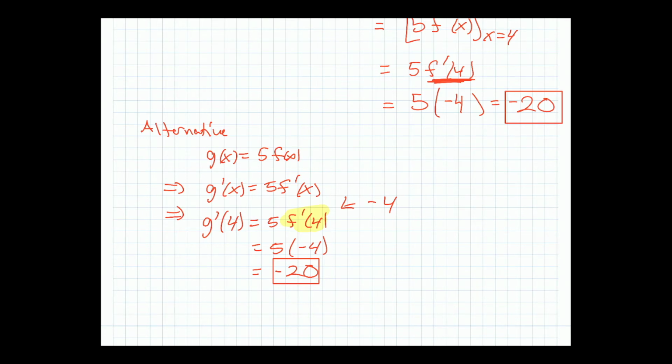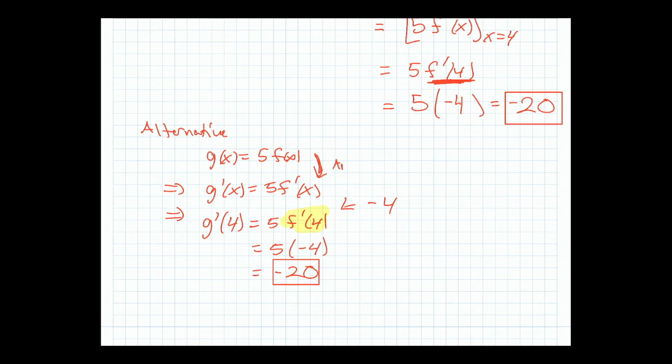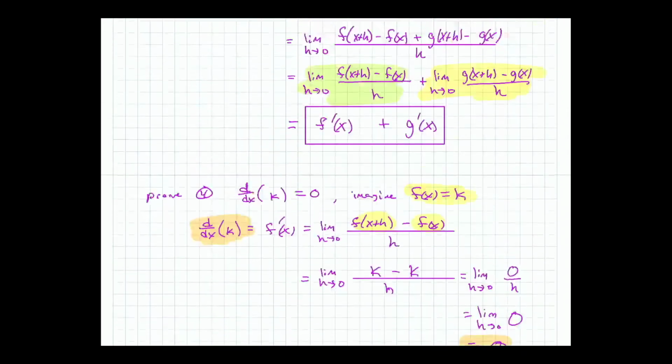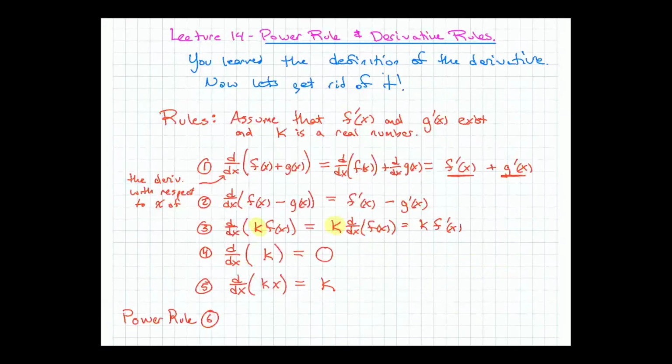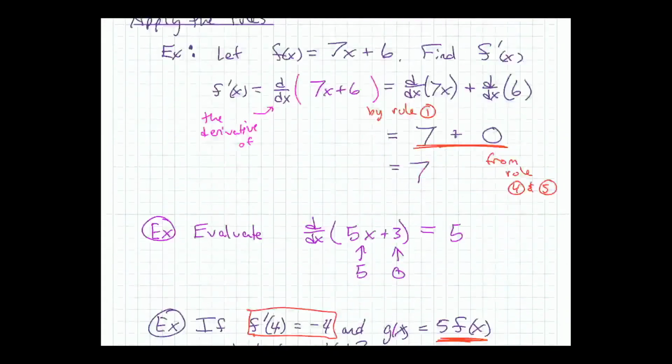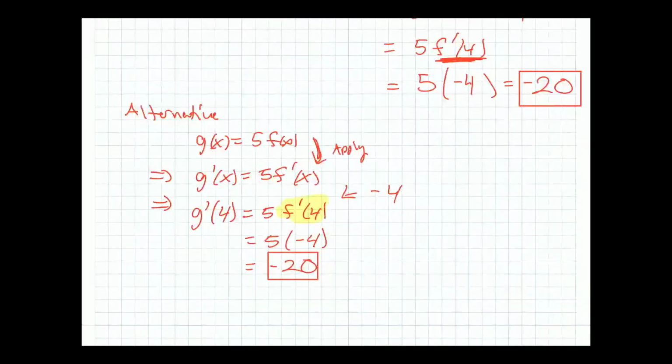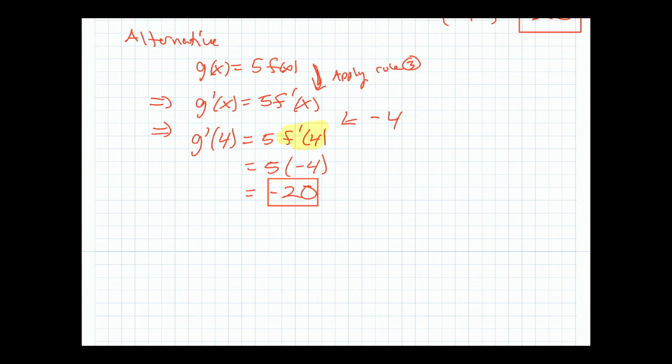That's fine. Maybe I should have written it that way too. But when they apply the rule for the derivatives here, it's not as clear what rule they applied. If I look up here, rule 3 is what they applied right there. So that's how they wrote it. Maybe I'll write it that way from now on.